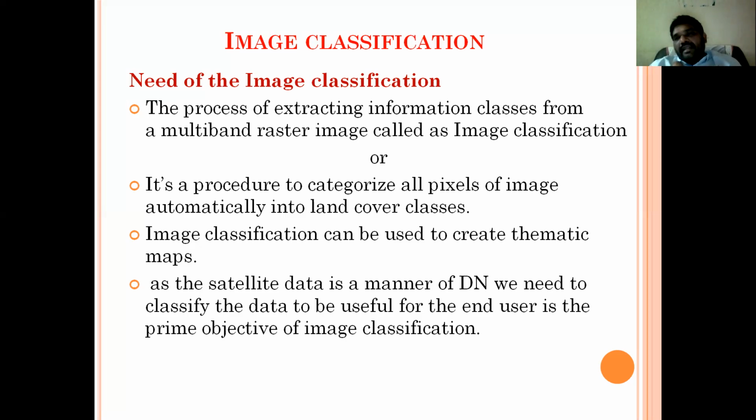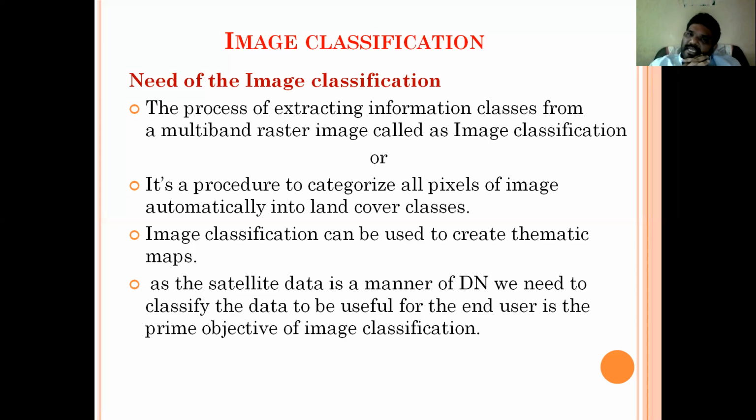Now, how can I classify this remote sensing image? Before you attempt the classification process, what is the need and what is the definition? See here, the definition is there. The process of extracting information classes from a multi-band raster image is called image classification.